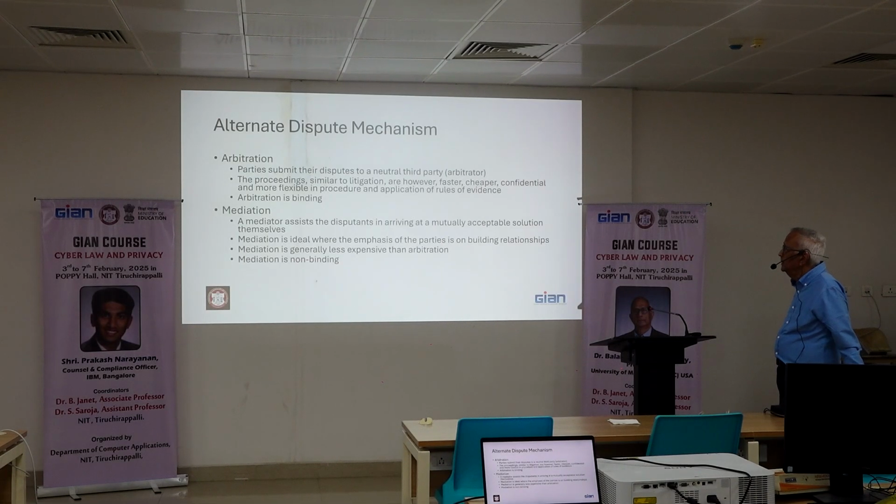So parties submit their dispute to a neutral third party arbitrator. The proceedings are similar to litigation, but less formal. There's no stress involved. There's no technically even taking a vote and all these things. It's much gentler. Basically each side presents their case.